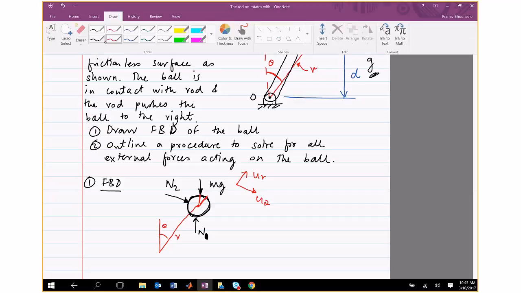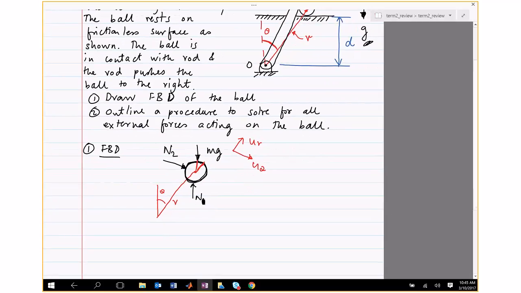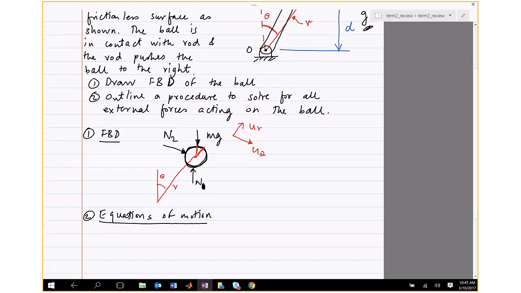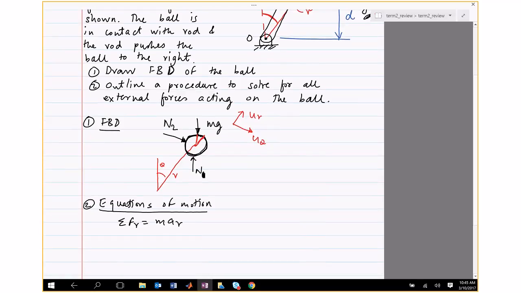Okay, so once we have that, now we can write the equations of motion, because equations of motion require acceleration, and I better know the frame of reference when I write the acceleration. So Fr is mass times acceleration in the r direction. N1 and mg act in the vertical direction, so those forces will contribute to ur, and N2 acts in the theta direction, so that will not contribute.